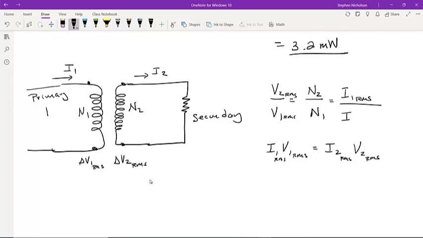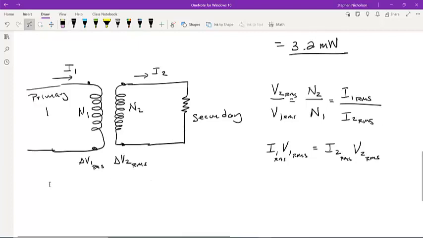So if you have more turns, you're going to raise the voltage, but you'll decrease the current. So these two things have got to switch. And you can see if I took the middle out here and just cross multiplied, I'd end up with the second equation.